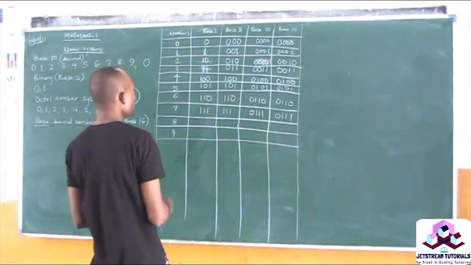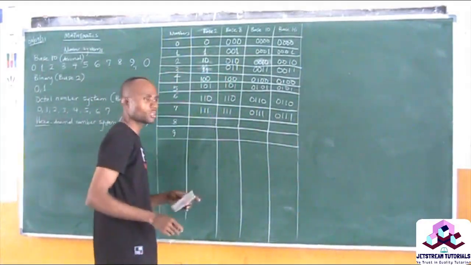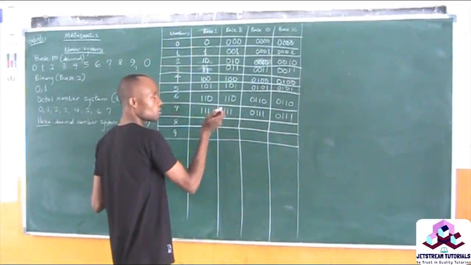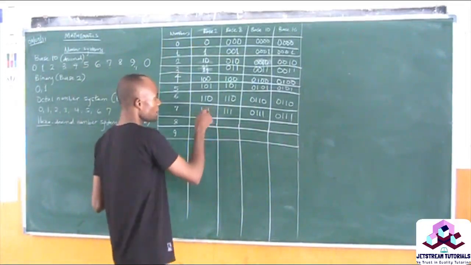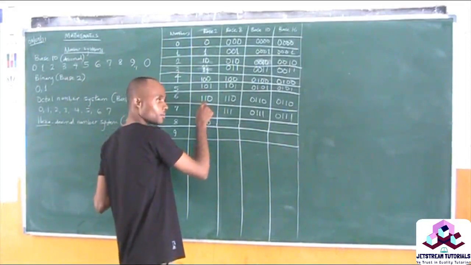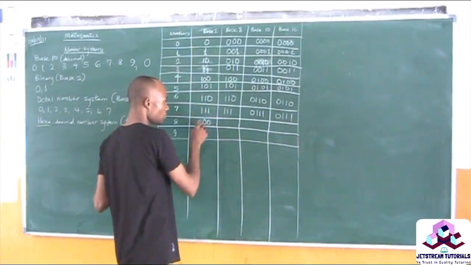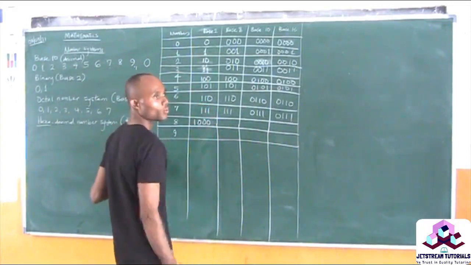So now when you add 1 to this one, it becomes what? Remember, if you add 1 to 1 here, it becomes 10, 0. Carry 1. The 1 that you carry, you put it here, add it to this one, becomes 10 again, 0. Carry 1. The same thing happens here, 0. Carry 1. So you now have 1000.